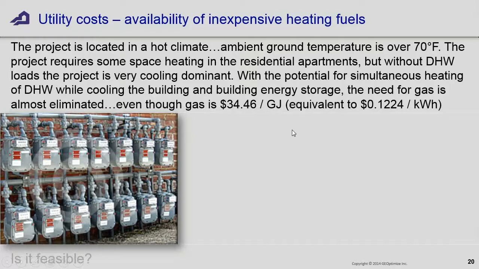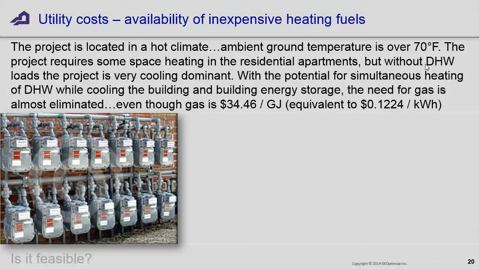The domestic hot water loads on the project, which were going to be heated by gas otherwise, can be taken away and help reduce the cost. Add more benefit to the client. They're not going to have to pay for the gas to heat the hot water. They're getting it basically for free. And if you add the thermal storage tanks to go with it, that can help.